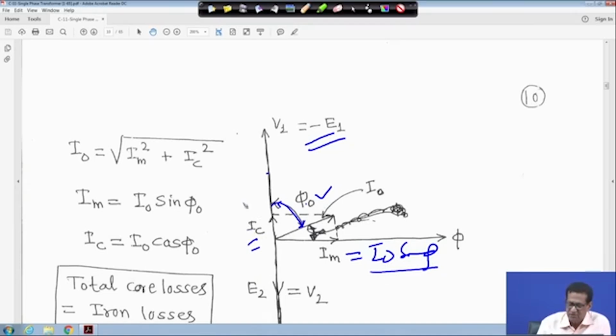This component gives the core loss or iron loss at no load condition. The total core losses are basically the iron losses, hysteresis and eddy current losses. That is why I0 is not exactly in phase with phi, and this angle phi 0 is quite large.